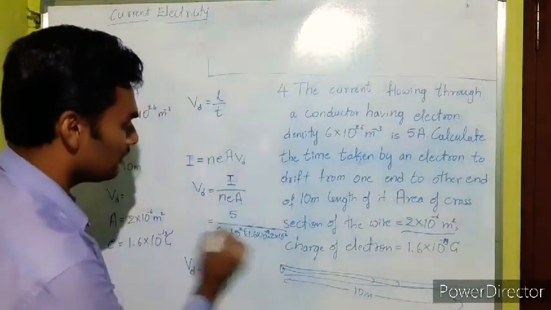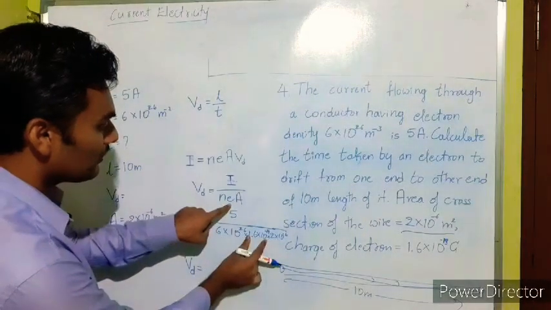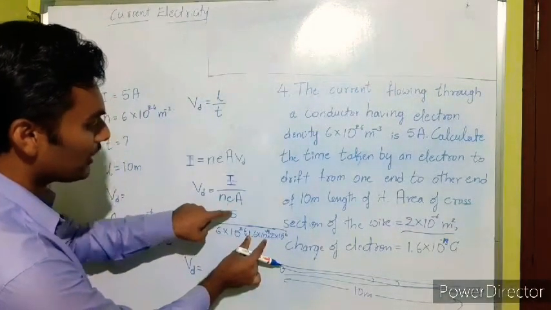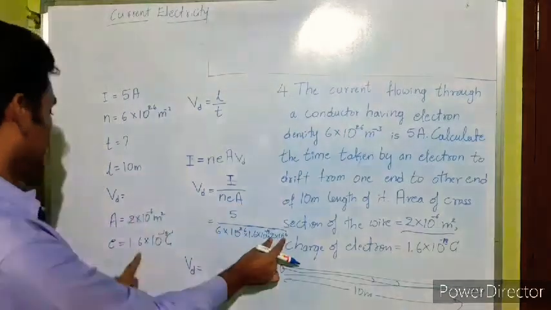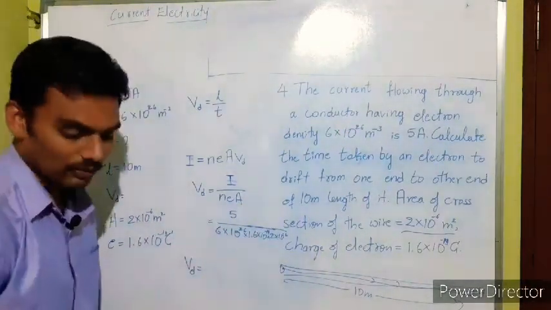It is 5 divided by 6 into 10 to the power of 26, the value of N, value of E 1.6 into 10 to the power of minus 19, value of A 2 into 10 to the power of minus 6.